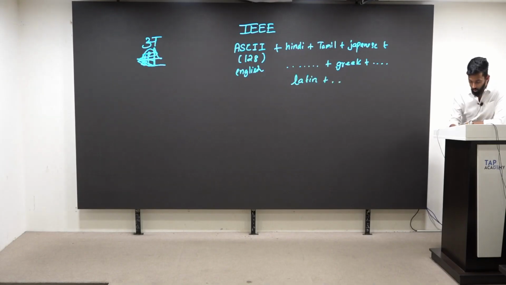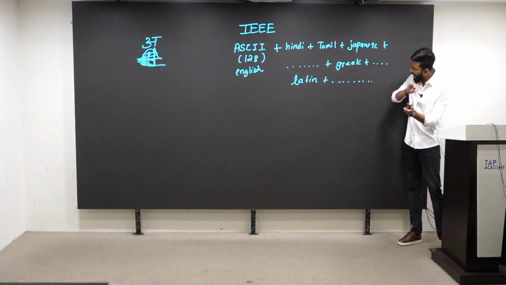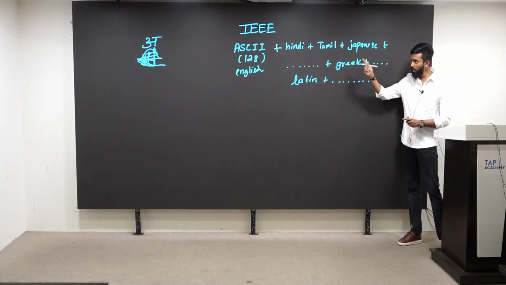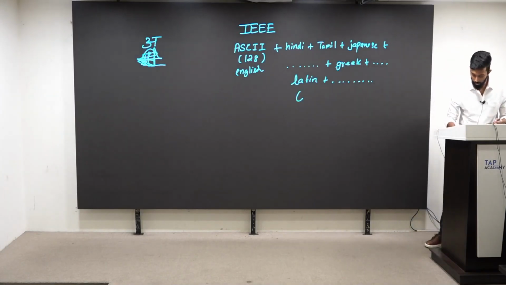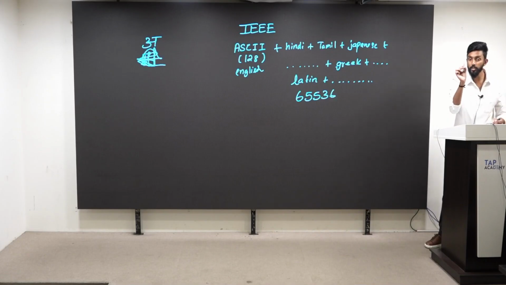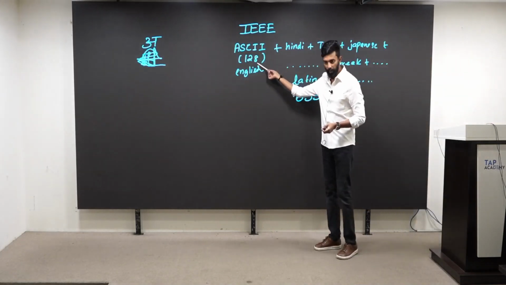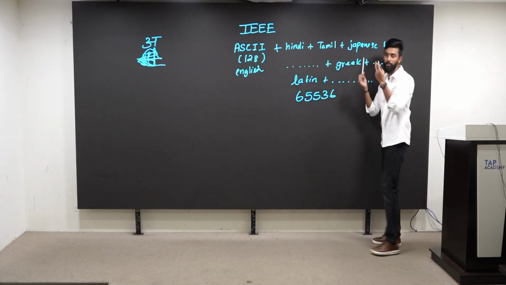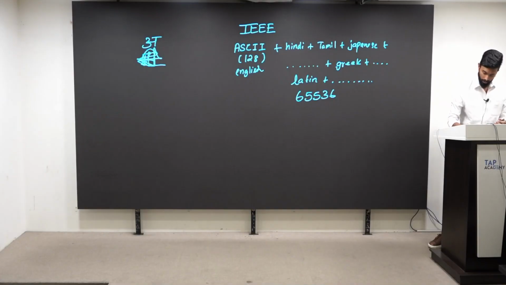When they took all the languages spoken in the world and added characters, 128 ultimately landed up becoming 65,536. Where is 128? Where is 65,000?